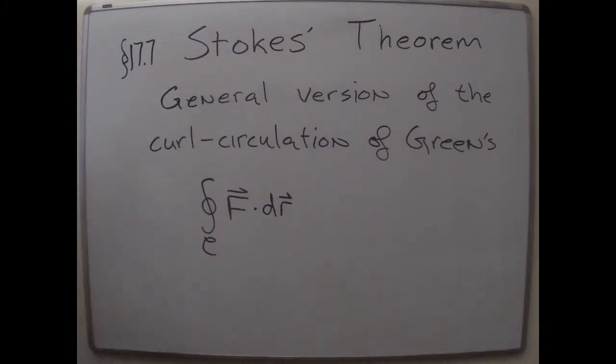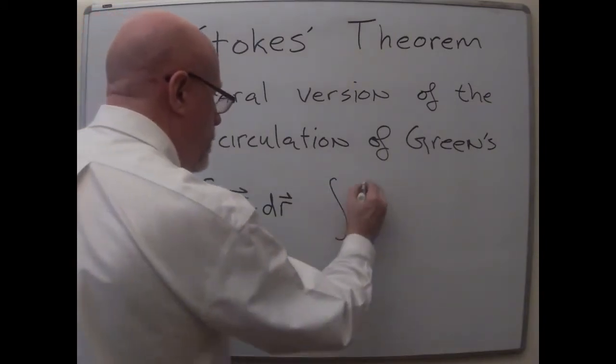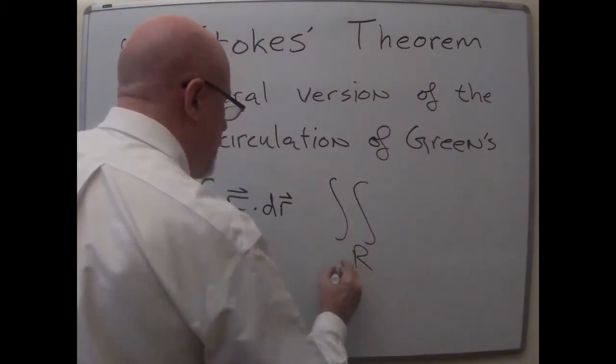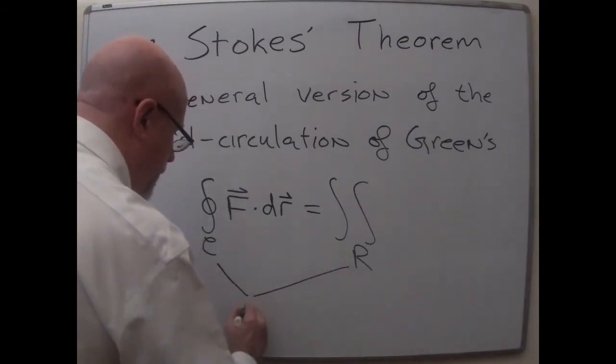All right, fine. But what Green's theorem says is, rather than going around the boundary curve C, you can do a double integral over the region, and these two are connected by this.